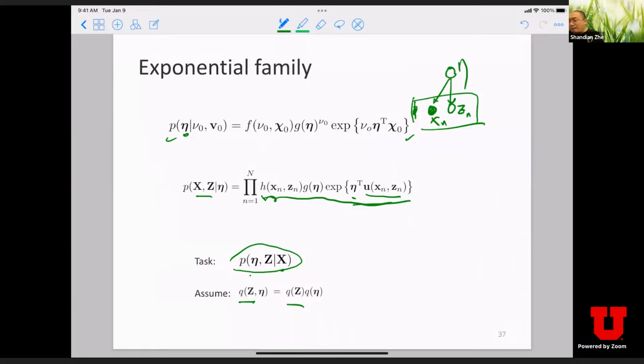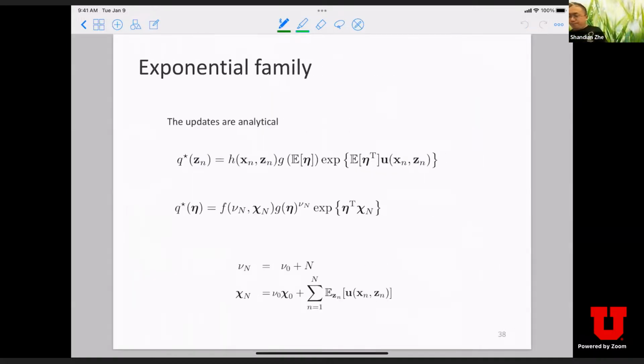And then we can apply the mean field variational updating rule we just discussed to this general form. So you can update Q Z n. Q Z n is proportional to the exponential of the expectation over eta of the logarithm of the joint probability.